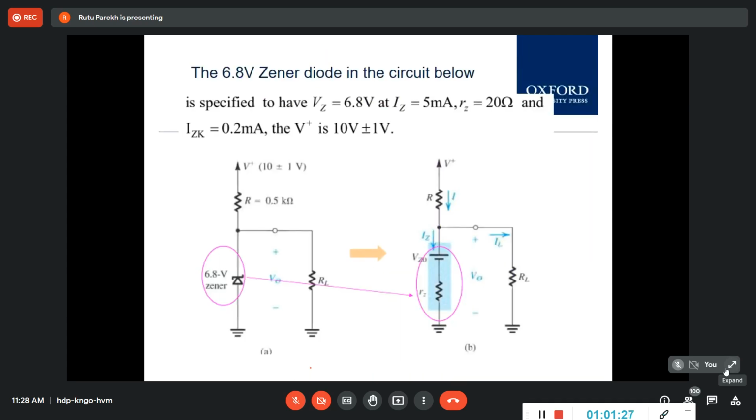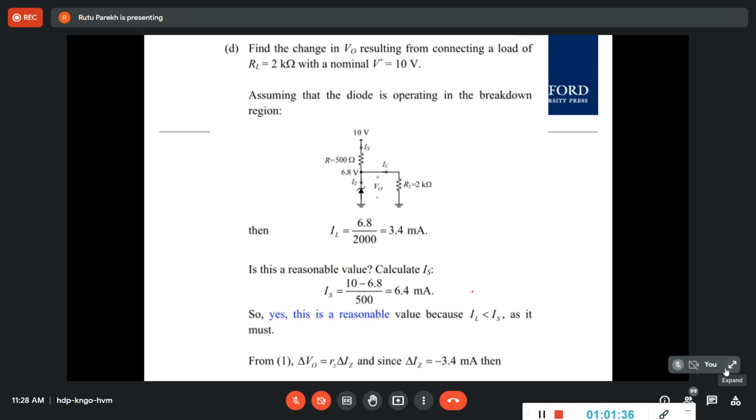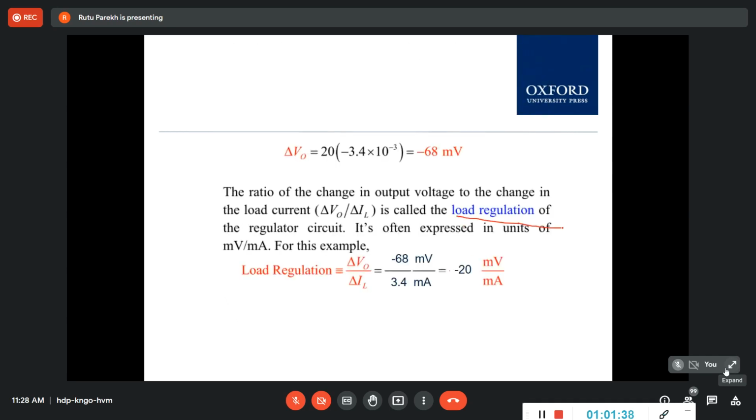So here what you see is that the voltage change is very small. Like line regulation, there is a term, load regulation. What does it say? It is the ratio of the change in output voltage for the change in the load current.